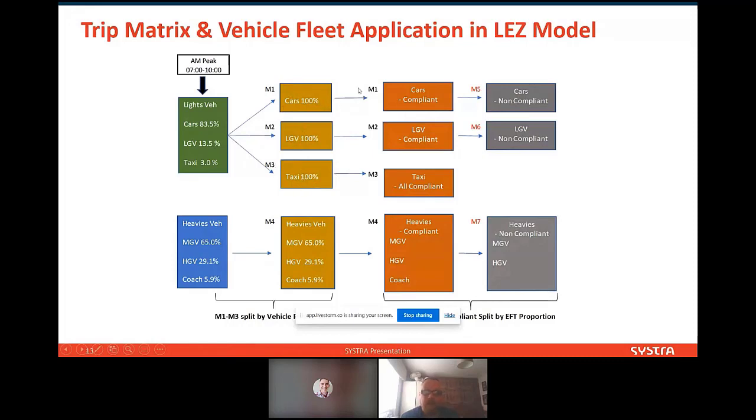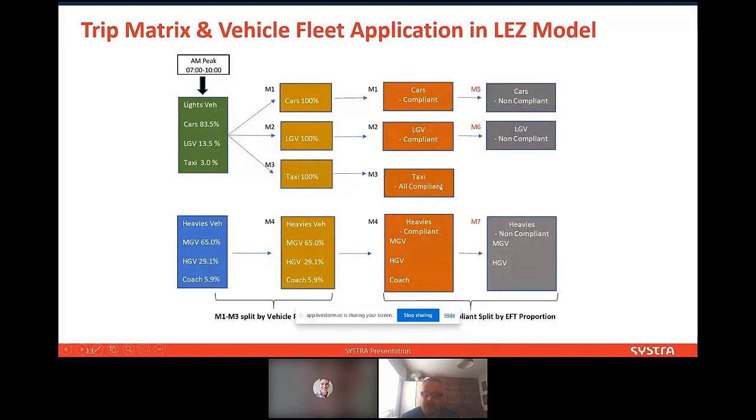From that, we were then able to take the cars matrix and split that into cars compliant and cars non-compliant, based on that proportional split that I just showed you. So 86% cars compliant, 14% cars non-compliant. We're able to also do that with LGVs based on the LGV split of compliant, non-compliant by 2024.